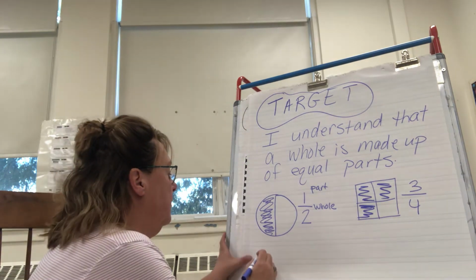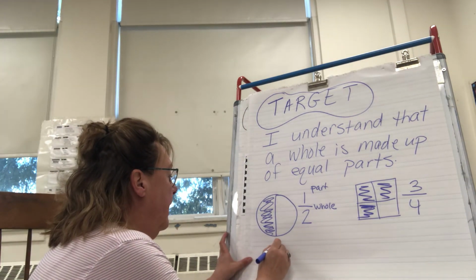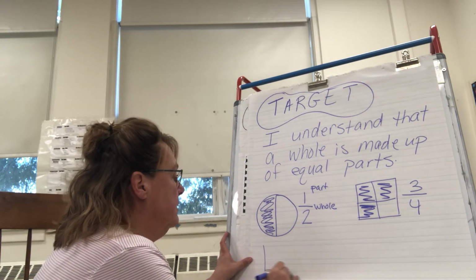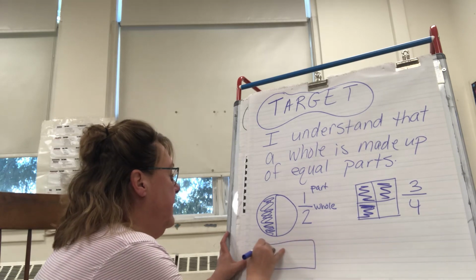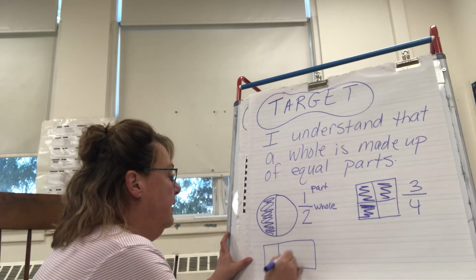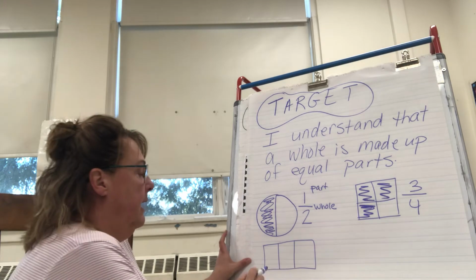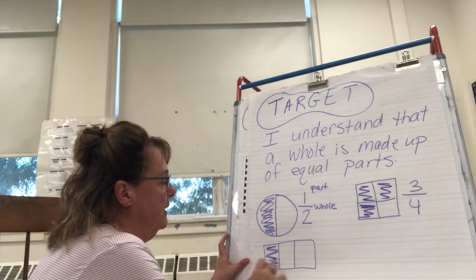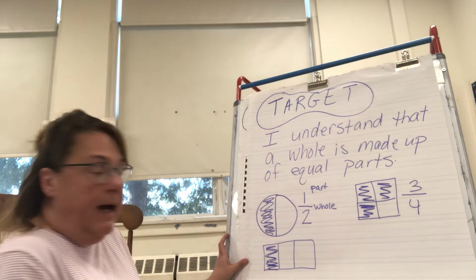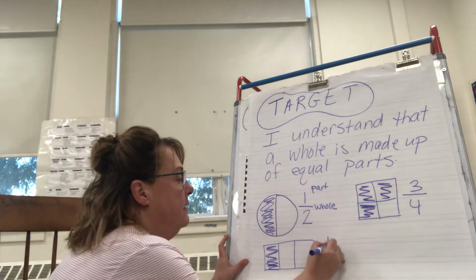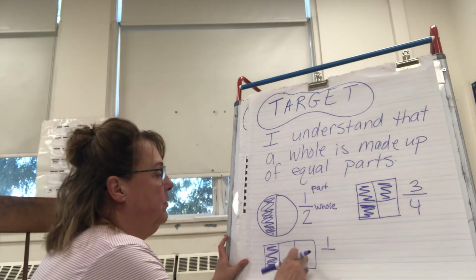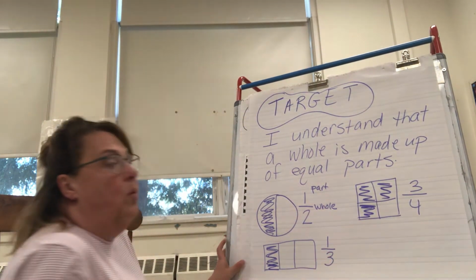Okay, let's try another one. How about this rectangle? And I'm going to shade in 1 of the parts. So that's 1 part out of 1, 2, 3 parts, or 1/3.